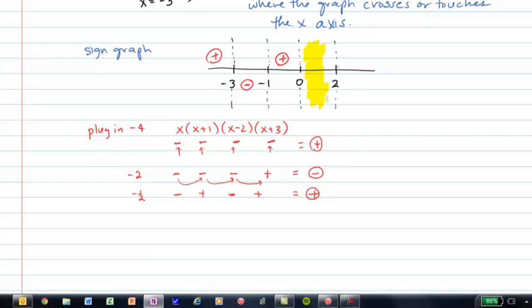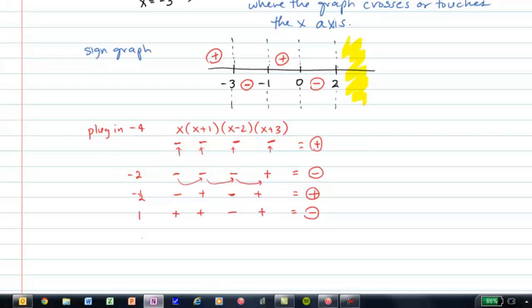Okay, next we look here. In between 0 and 2, logical choice would be to choose 1. So if I choose +1, the first term is positive, second term is positive, third term negative, fourth term positive. So this whole thing ends up being negative. And finally, we need information from numbers that are greater than 2. So this area here.